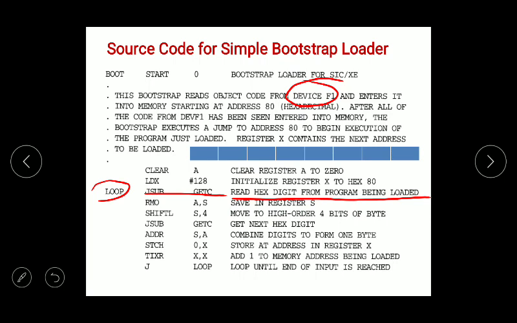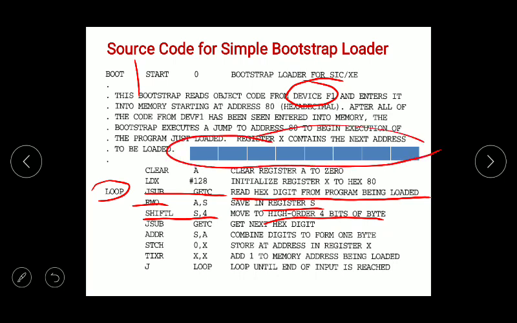Then after getting one character, for example 1, RMO A,S, that is the contents of A must be stored in register S. Then SHIFTL S,4, that is we have to move the first 4 bits into the higher order 4 bits of the byte. See, 1 byte means 8 bits.